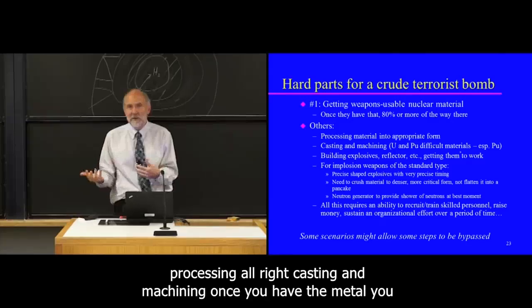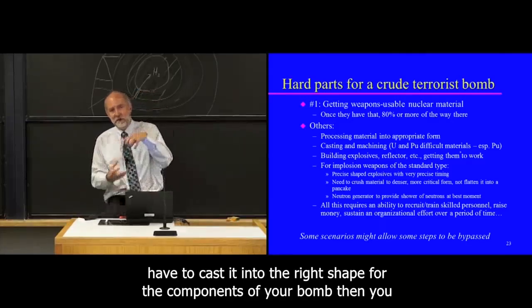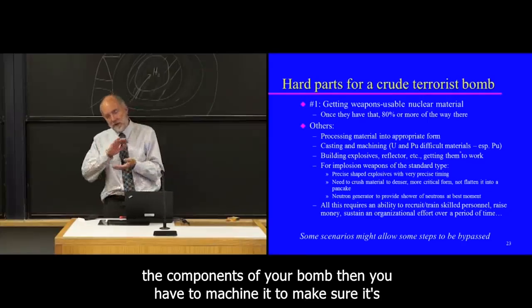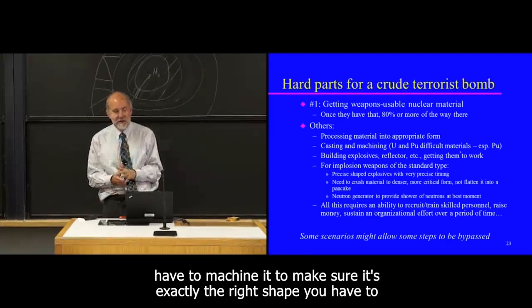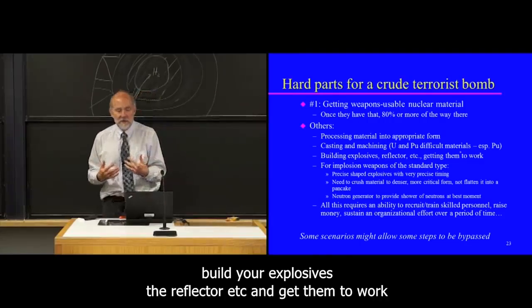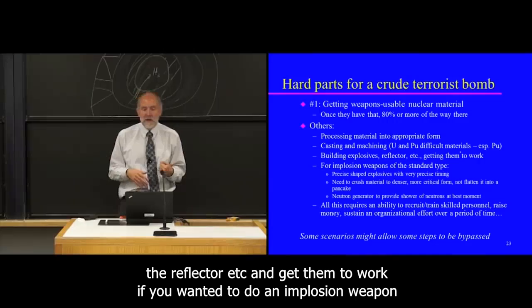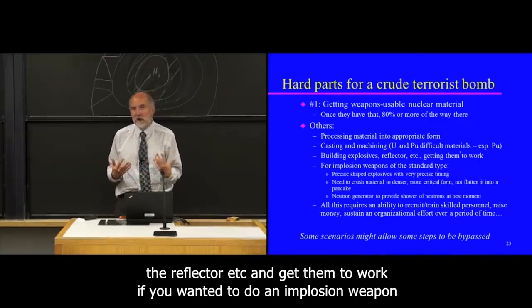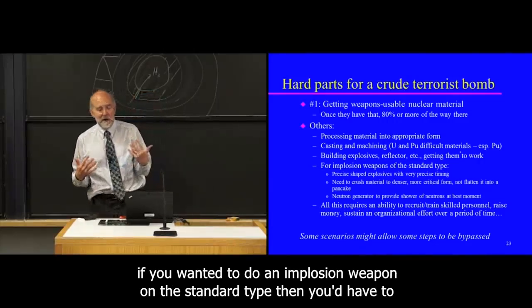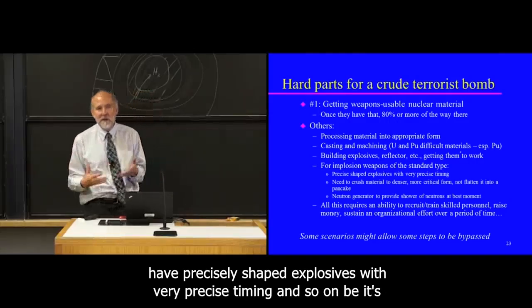All right, casting and machining. Once you have the metal, you have to cast it into the right shape for the components of your bomb. Then you have to machine it to make sure it's exactly the right shape. You have to build your explosives, the reflector, etc., and get them to work. If you wanted to do an implosion weapon of the standard type, then you'd have to have precisely shaped explosives with very precise timing and so on.